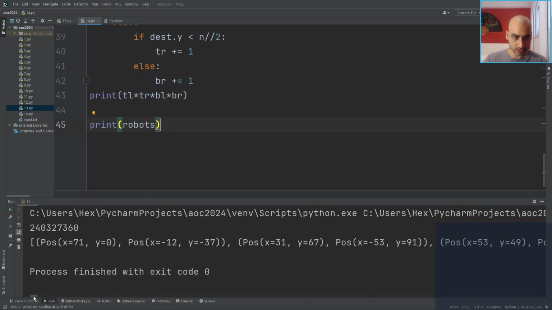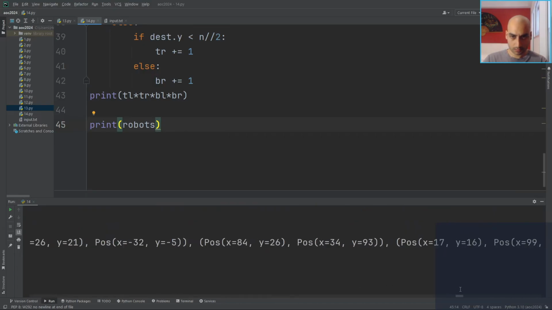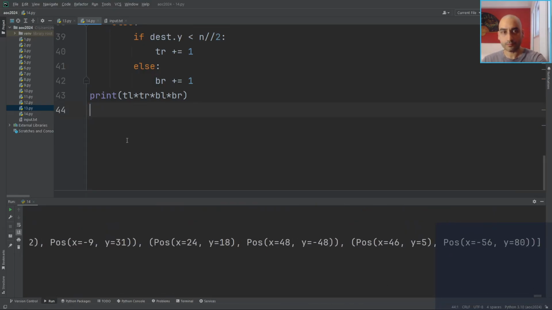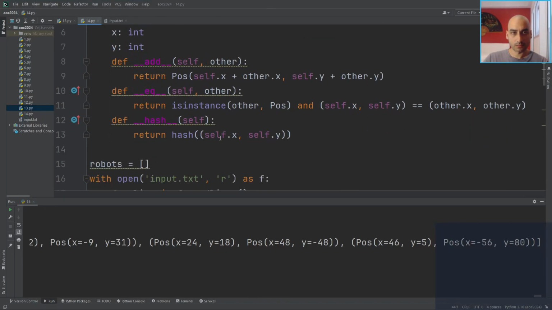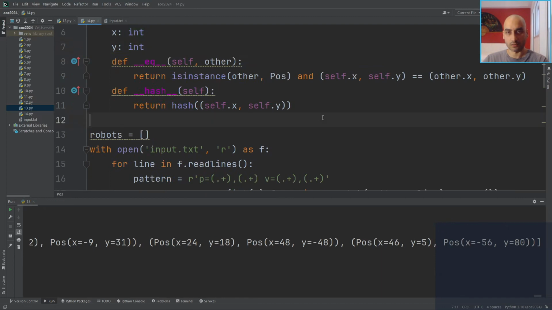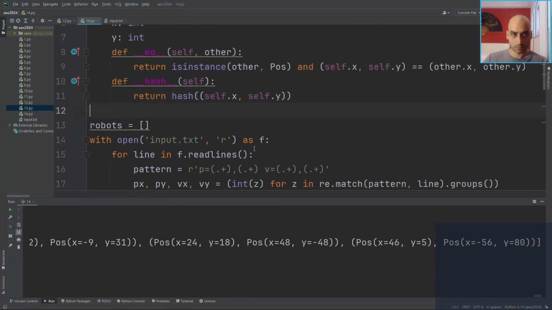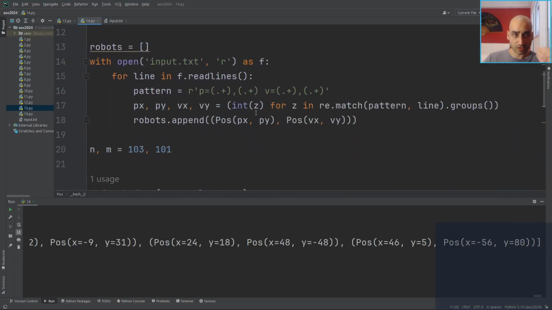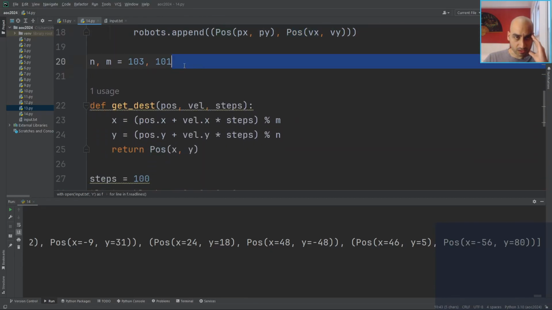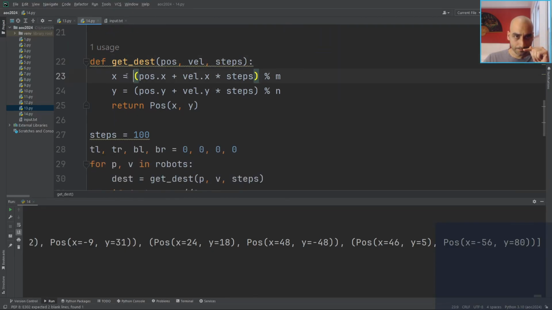Yeah, we got the minuses. That seems fine. We're not using that method, we can take that out. We're not really using any properties of pos. Robots, okay, I think we're extracting it fine. M 103, 101. Get dest, we'll give it pos, velocity, steps.